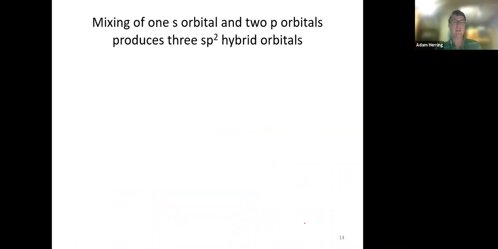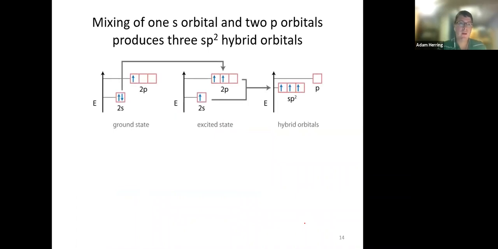So we can extend this idea to cases where we have 3 domains or 2 domains. If you have a molecule that has 3 electron domains, instead of using 4 orbitals, we only need to use 3. Therefore, we'll use the lowest energy orbitals, which would be the 2s orbital and then 2 individual 2p orbitals.